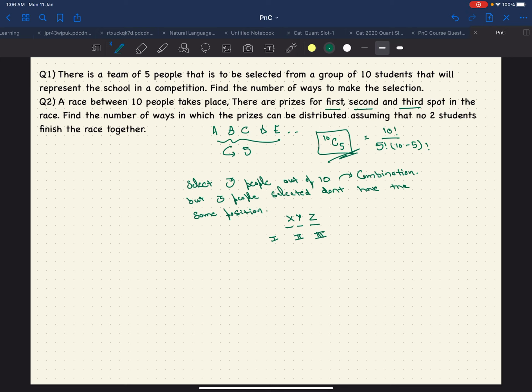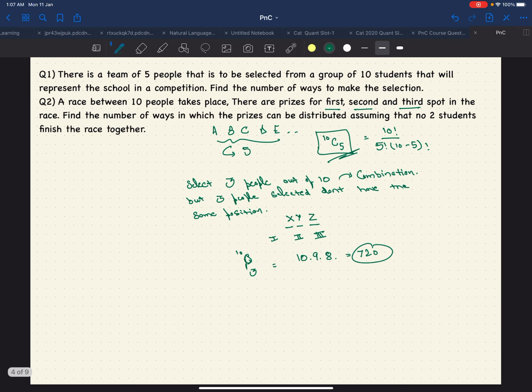So the total number of ways to do so would be 10P3, which is nothing but 10 into 9 into 8. So this comes out to be 720. This is the required number of ways we can select 3 people and then arrange them into 3 positions. So these 2 questions basically show the basic difference between combinations and permutations.